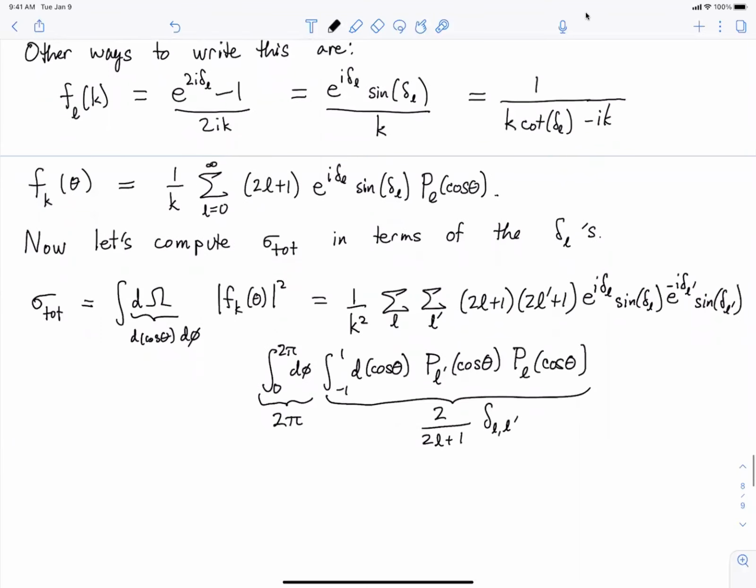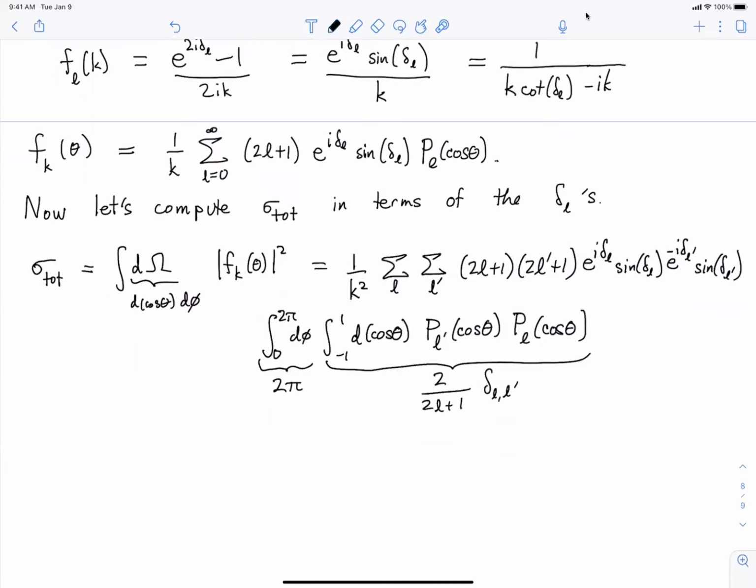So the reason that's great is now I've got a sum over l and l prime, but this is telling us that we only get a contribution when l prime happens to equal l. And so for every term in the l sum, only one term in l prime will contribute, namely the same l. Okay, and so I've only really got one sum to do. So sigma total is, let's see, there's a 2 pi from here, there's a 2 from here, there's a 1 over k squared from there. So that makes 4 pi over k squared.